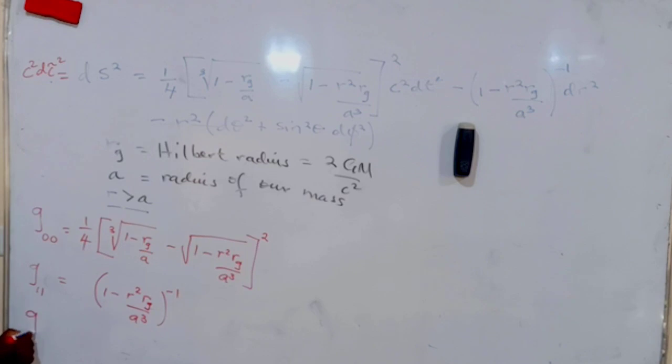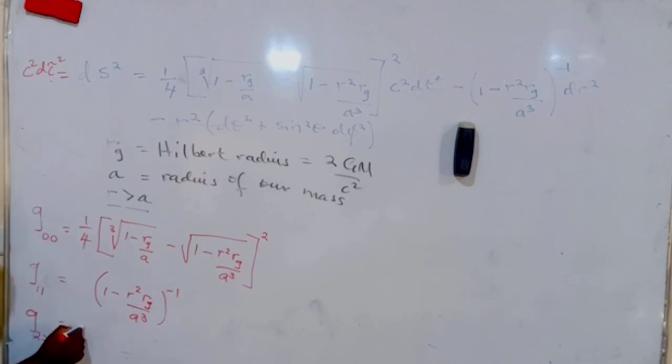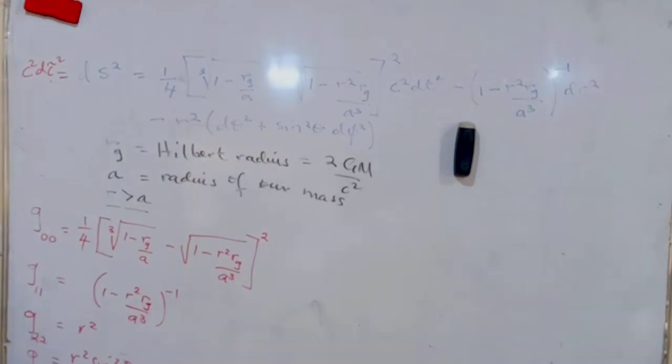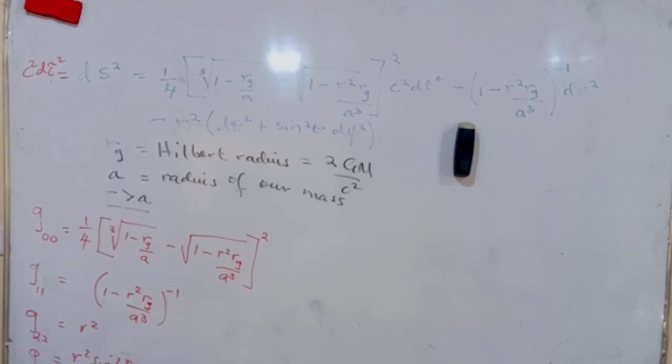Then our G22 is just r squared, and our G33 is r squared sine squared theta. So this is our metric tensor. All other components are 0.